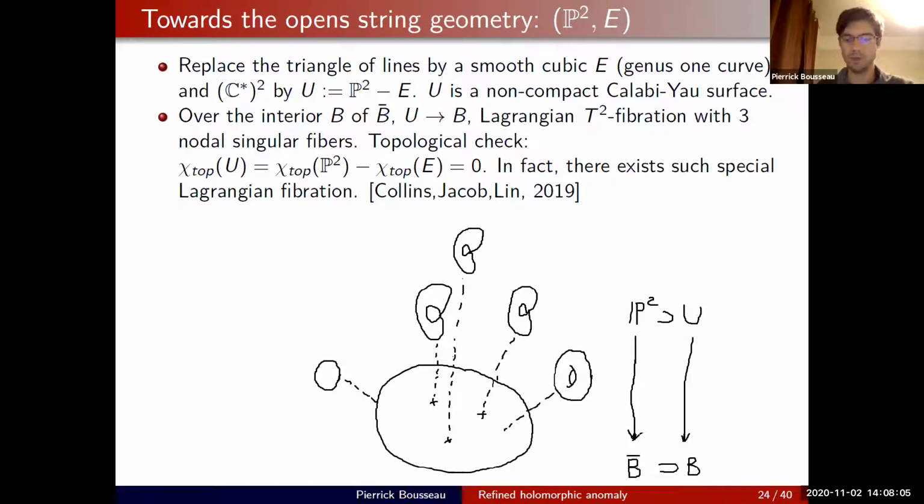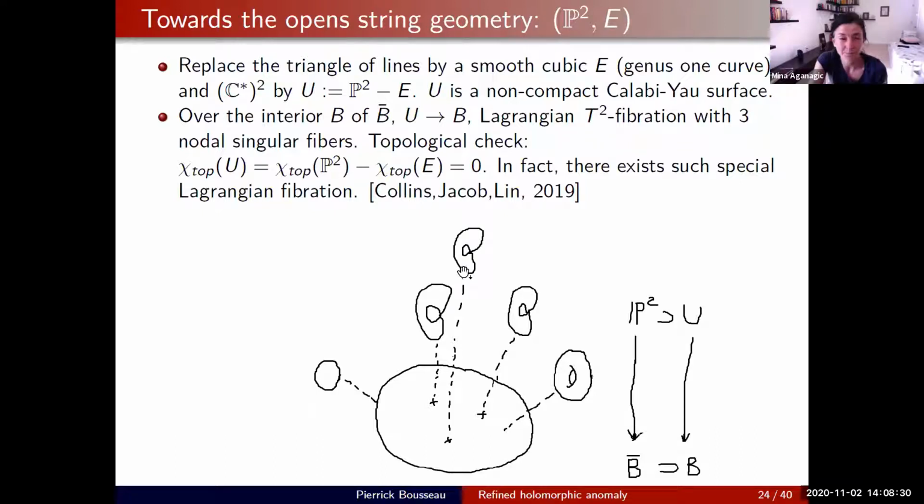And if you smooth this triangle of 3 lines into a smooth cubic, the complement is another non-compact Calabi-Yau, which is no longer C star squared. Before, C star squared has a trivial fibration in T2, and this new geometry U admits a T2 fibration with 3 singular fibers.